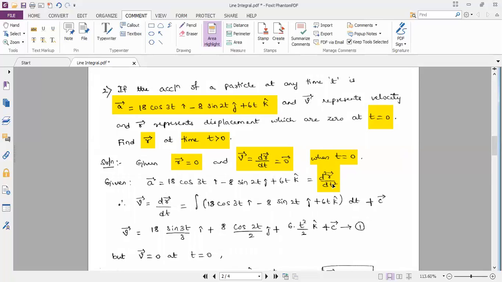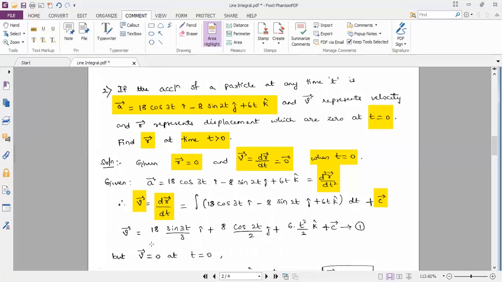So this expression tells me that I have to integrate twice to obtain the position vector r. First we integrate one time to obtain dr/dt, the velocity v. So dr/dt is the integration of (18 cos 3t i − 8 sin 2t j + 6t k) dt plus the constant of integration, say vector c.